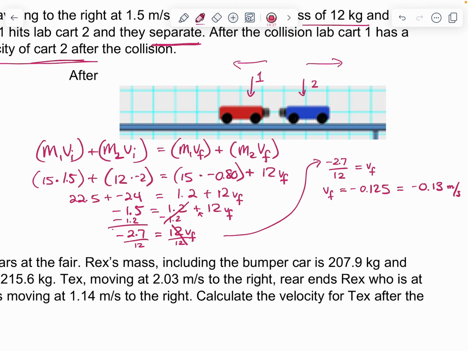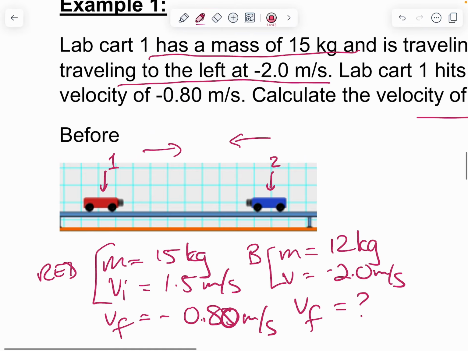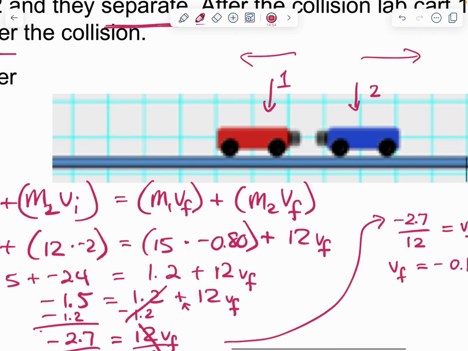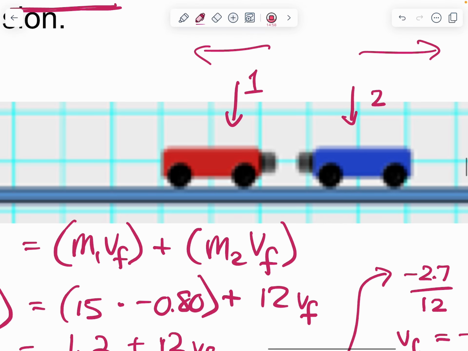All right, let's take a quick look here. Is this what I expected to have happen? So they were moving toward each other, right? This was 1.5 in the positive direction, and this was negative 2. All right, so they're moving toward each other. And then afterwards, this was negative 0.80 meters per second.